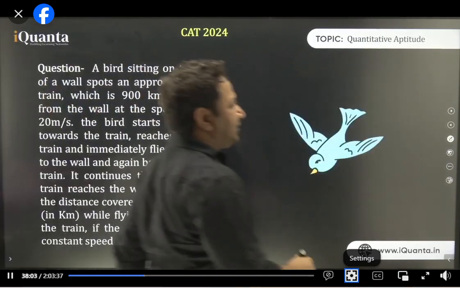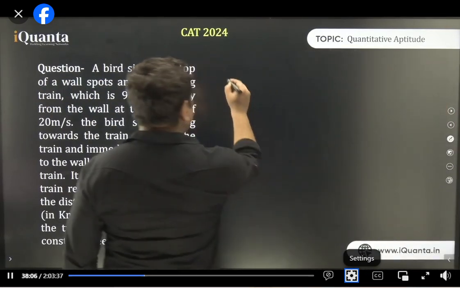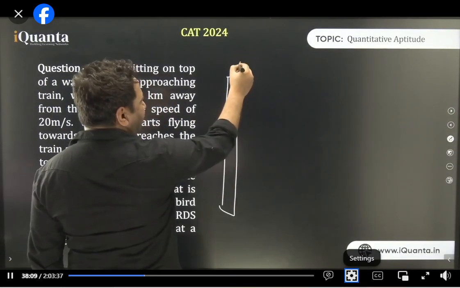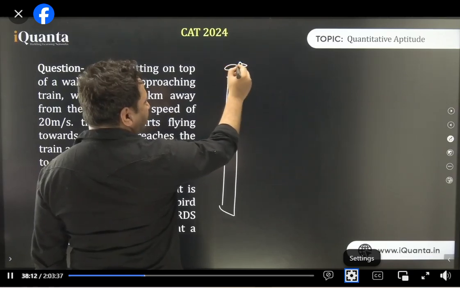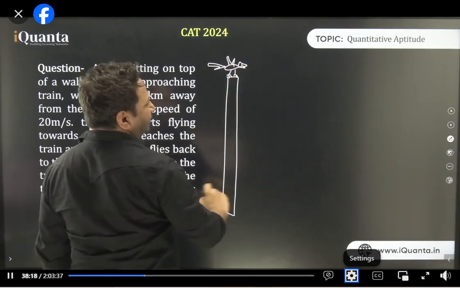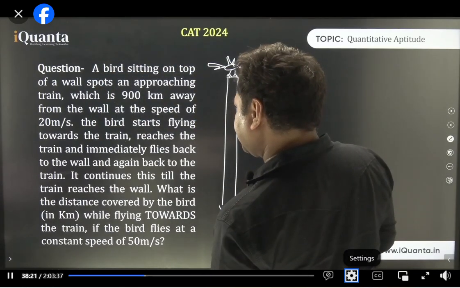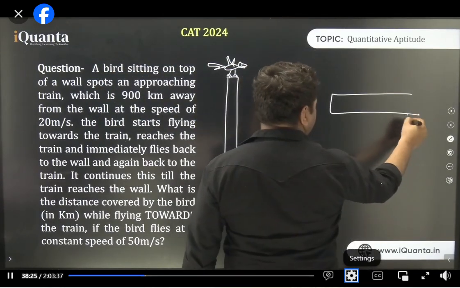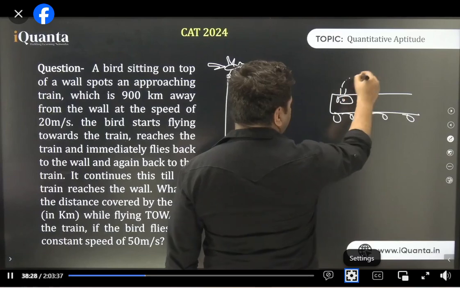The question is clear to you guys, right? This is a wall and a bird is sitting here. The bird sees a train. So what is happening?